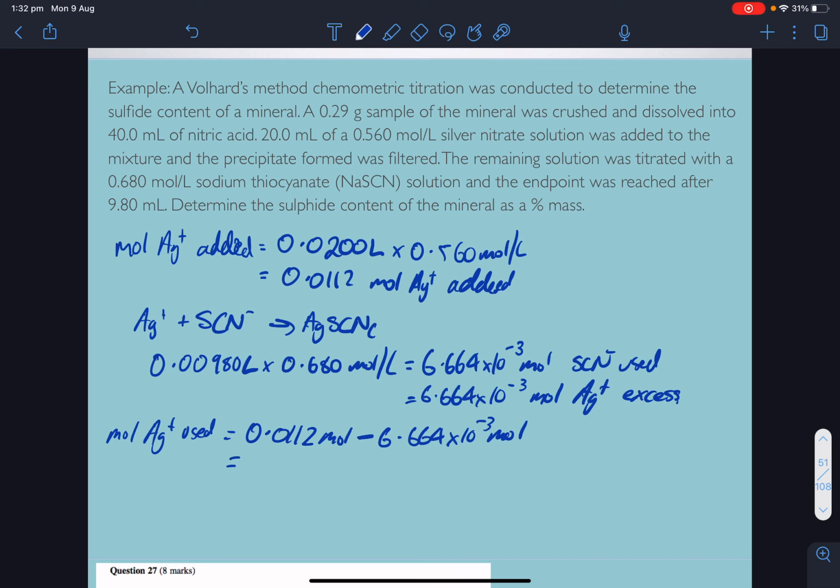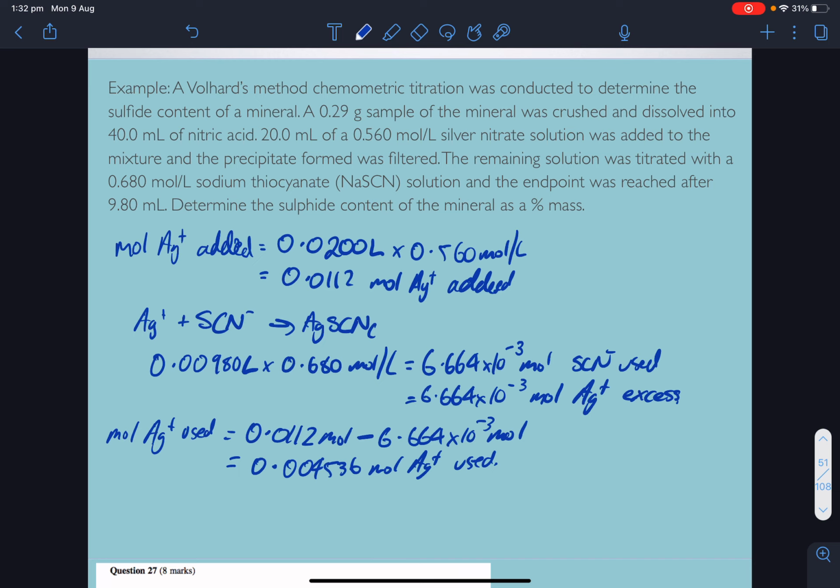So 0.0112 minus 6.664 times 10 to the negative 3 is 0.004536 mole of silver used in that initial dump in.